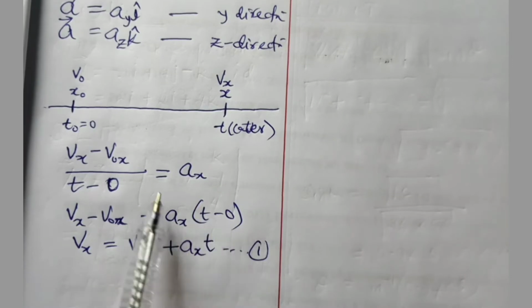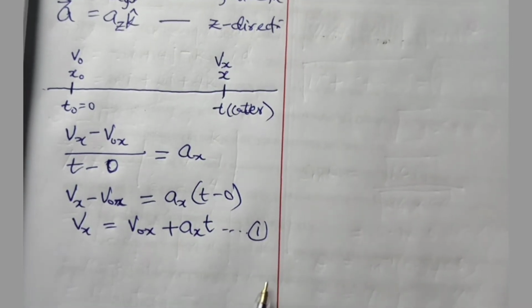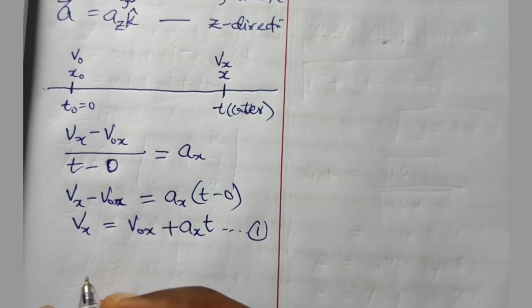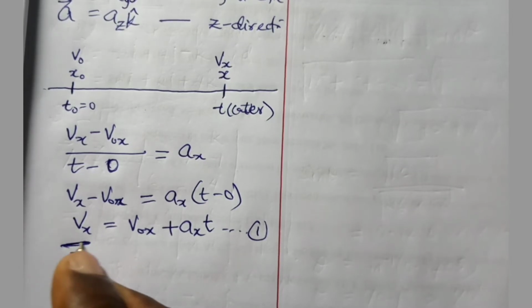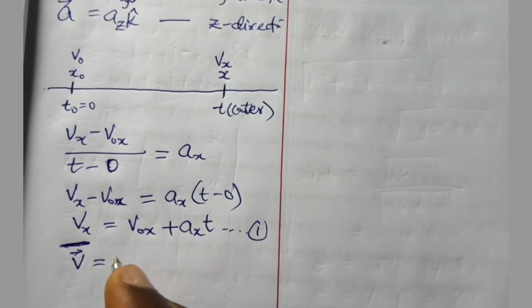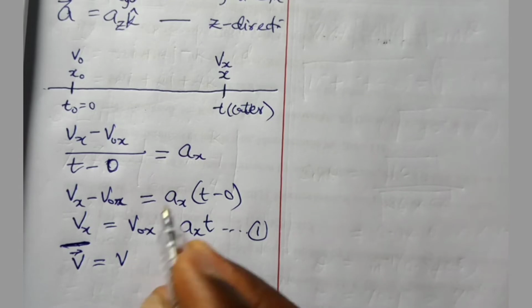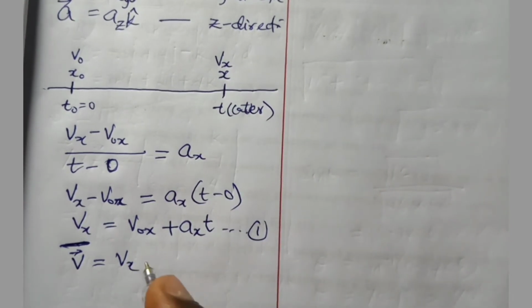For uniformly accelerated motion, velocity increases uniformly and the acceleration is constant throughout the duration of the time. So we assume that the average velocity will be equal to (vx plus v0x) all over 2.